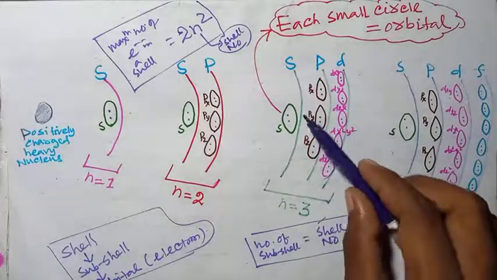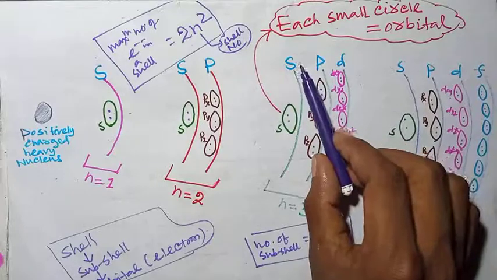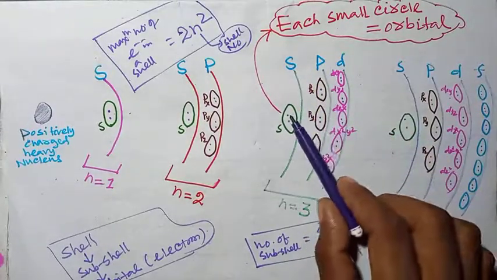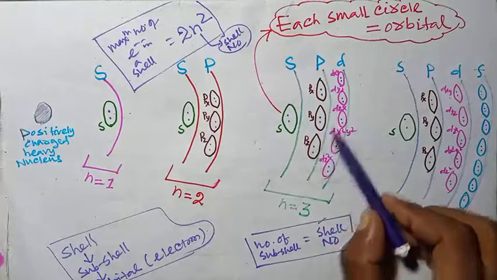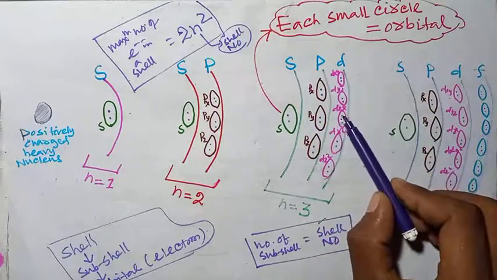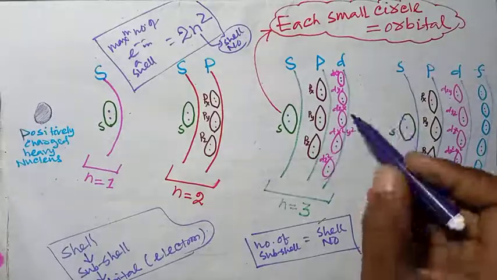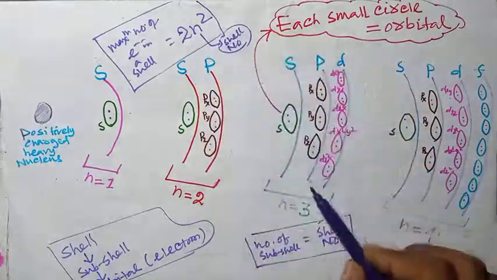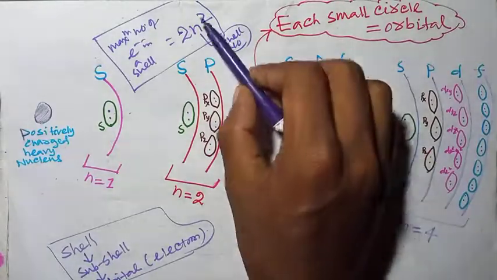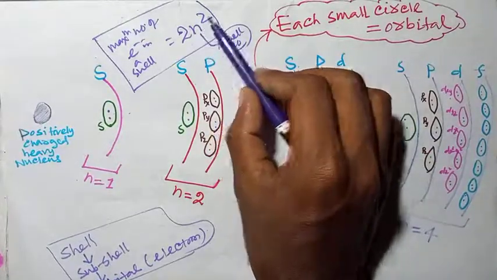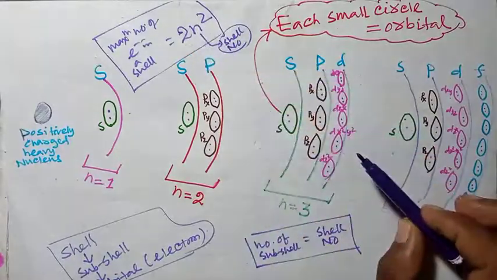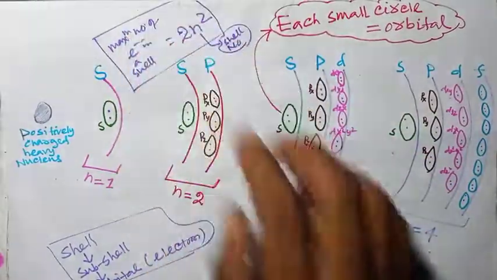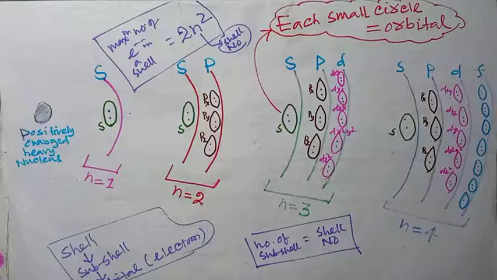It contains 3 subshells S, P, D, and these are the orbitals. So the total number of electrons is 1, 2, 3, up to 18. This can also be found by applying the formula. Since n equals 3, n square will be 9, so 9 into 2 will be 18. So this is the formula to calculate the number of electrons in a particular shell.